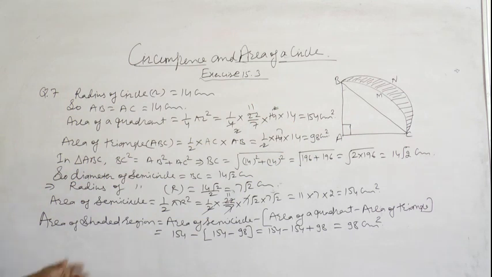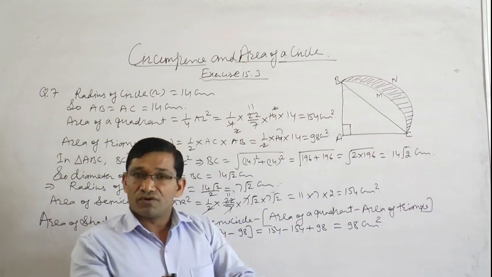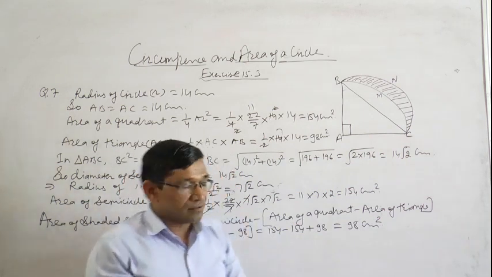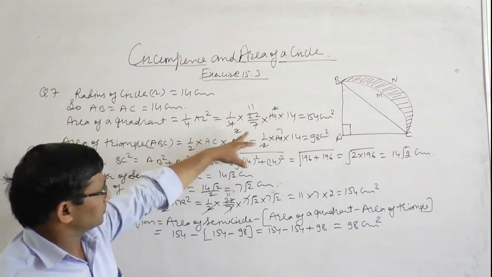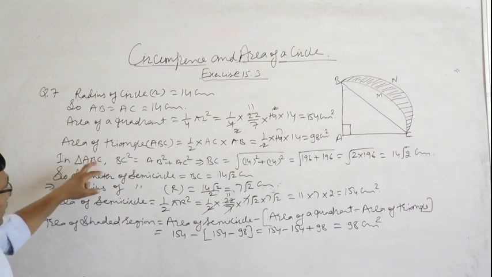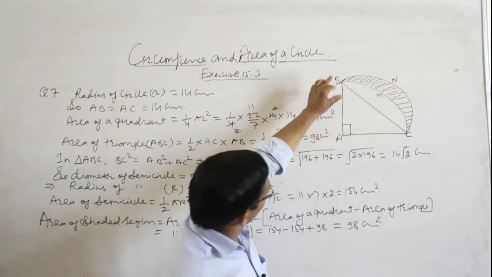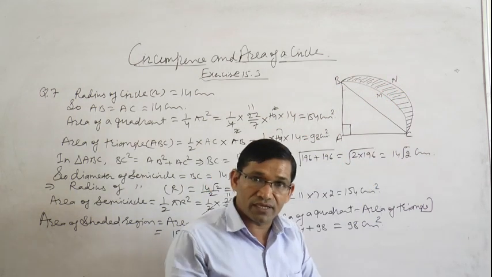Then area of a triangle. Because this triangle is a right angle triangle, because in quadrant angle is 90 degree, area of triangle ABC is 1/2 AC multiply AB. We get 98 centimeter square. Then in triangle ABC, we want to find out diameter of semicircle, because it is not given.